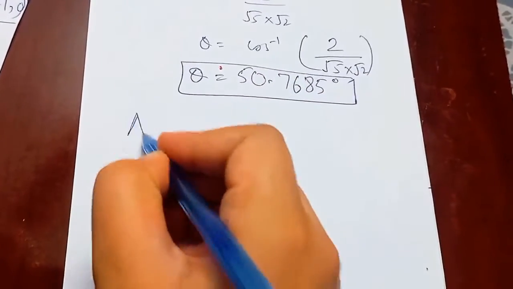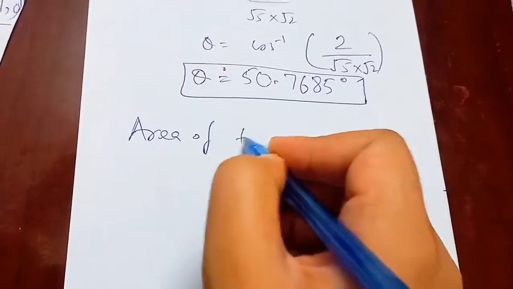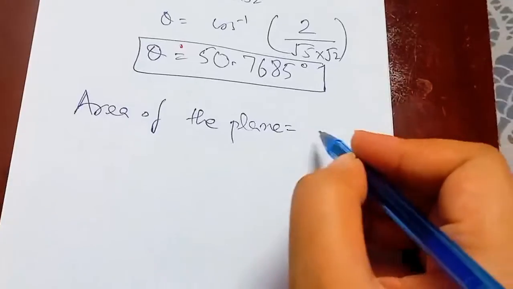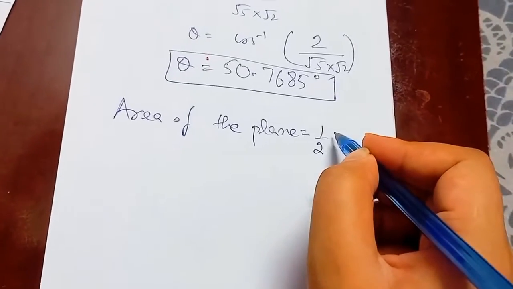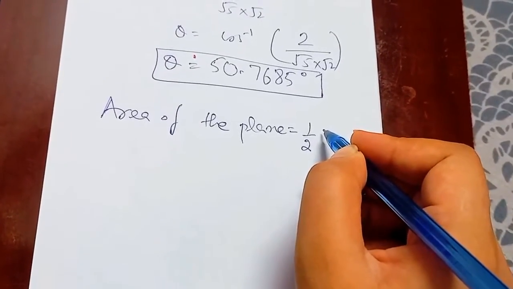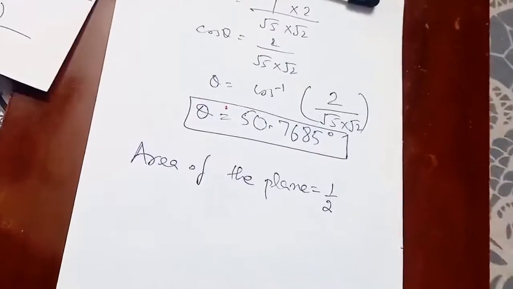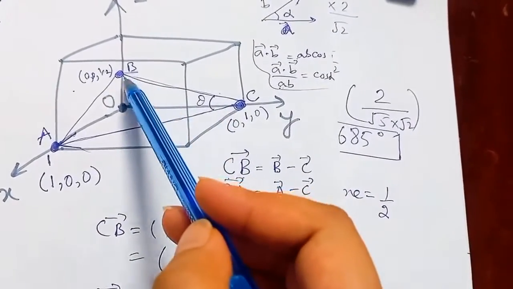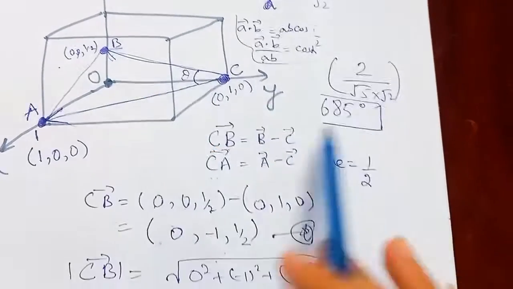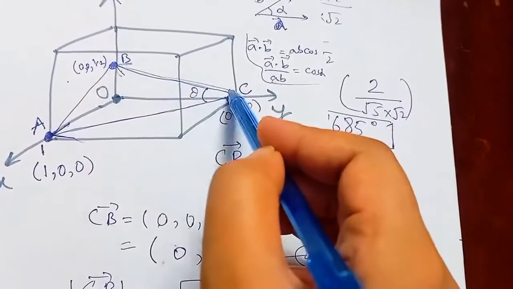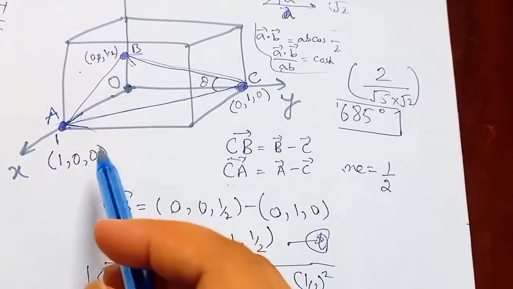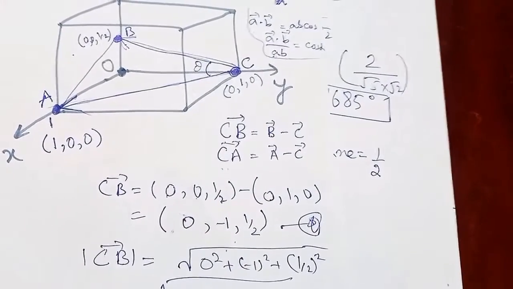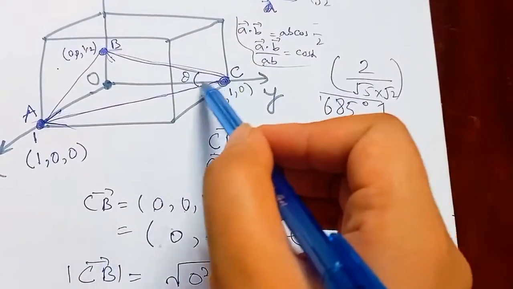Now the area of the triangular plane is equal to 1 over 2. Let me show it to you people. 1 over 2 into BC and AC, between which we calculated the angle, okay, the sides between which the angle we took.